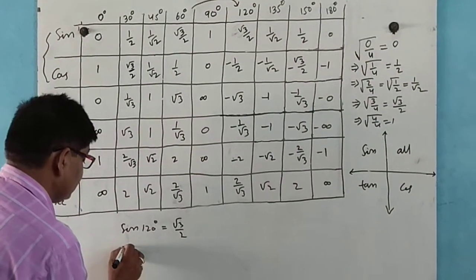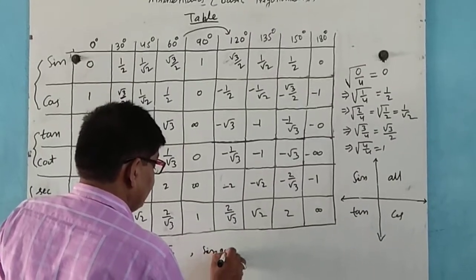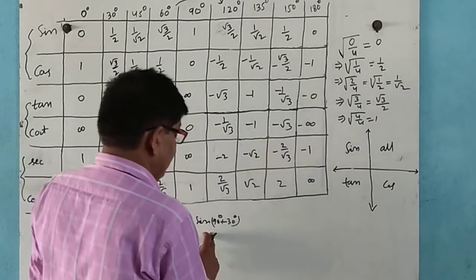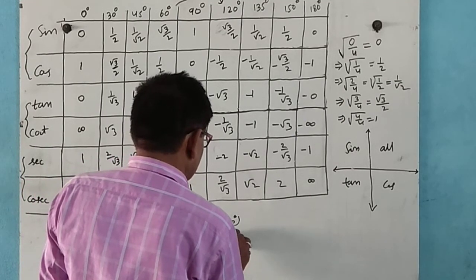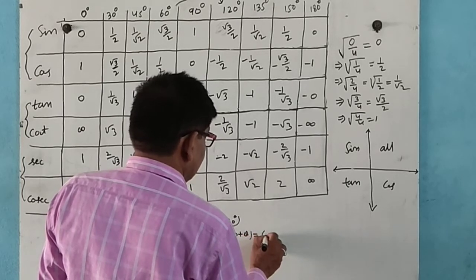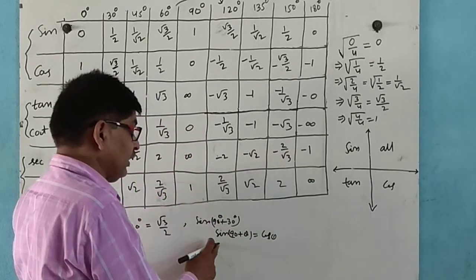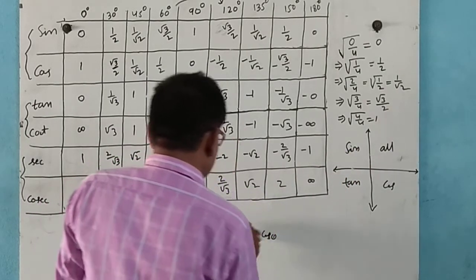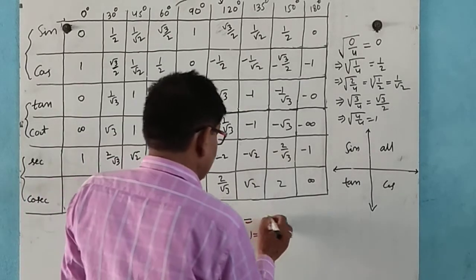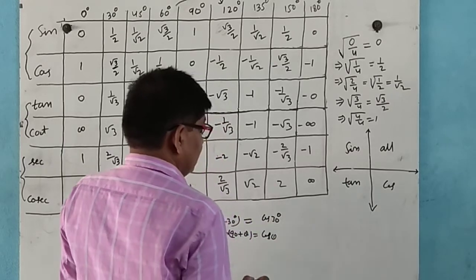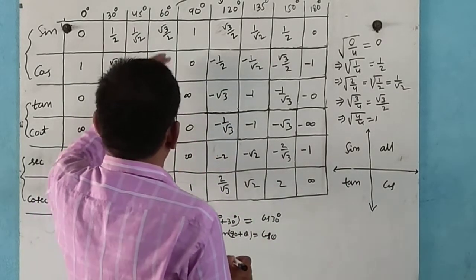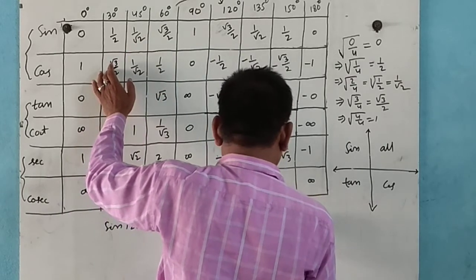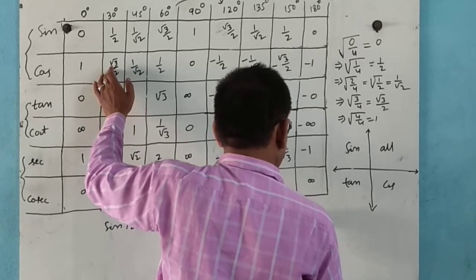Also, it can be written as sin 90 degrees plus 30 degrees, that is 120 degrees, and we apply the formula sin 90 plus theta. Sin 90 plus theta equals what? Cos theta. When 90 is added, sin becomes cos, and 90 plus theta comes in the second quadrant, so sin becomes positive cos theta. So sin 90 plus 30 degrees is cos 30 degrees, and the value of cos 30 degrees is the same as sin 60 degrees, which is root 3 by 2.